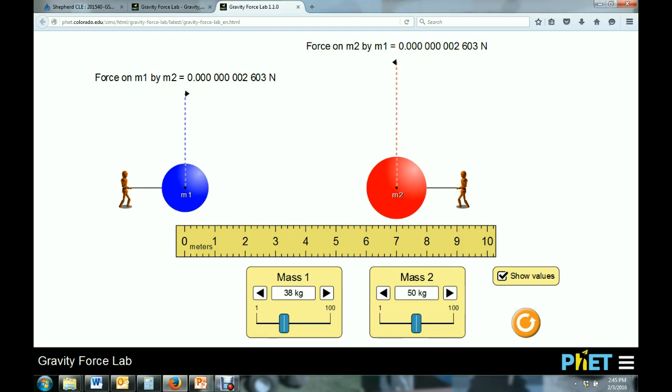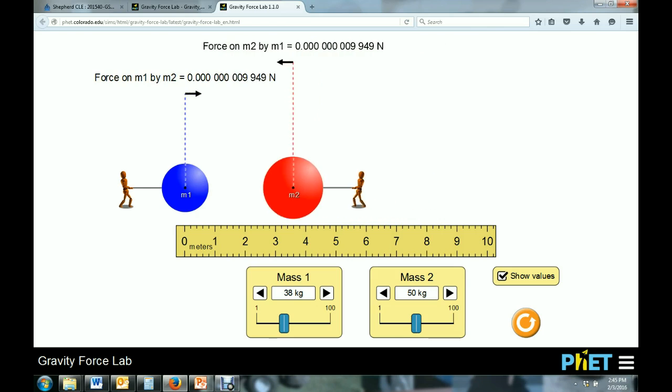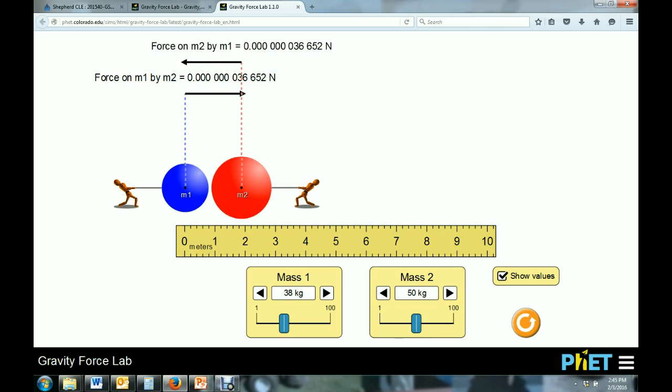Okay. Next question. I'm going to bring them really close together for a minute here, and double the distance. So right now we have a distance of about 2 meters, and we see a force of lots of zeros, 32020.